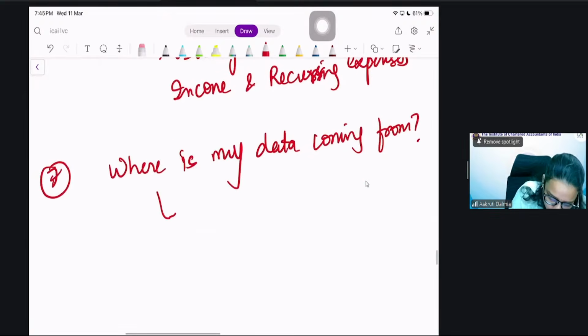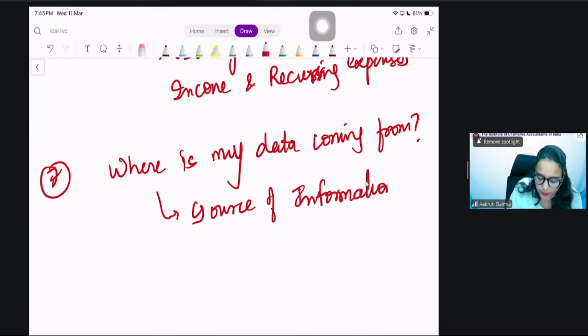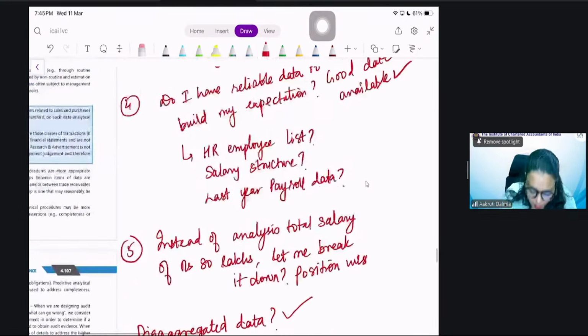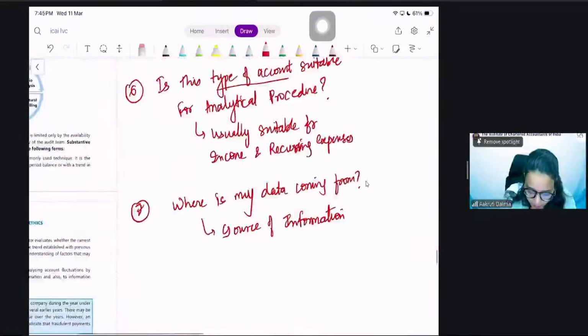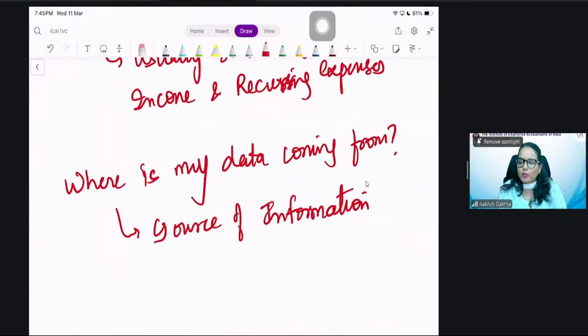It means source of information. So let's say you ask for the total number of employees, and there is no record of it. Someone tells you, "according to me, it should be 100, 120 employees."